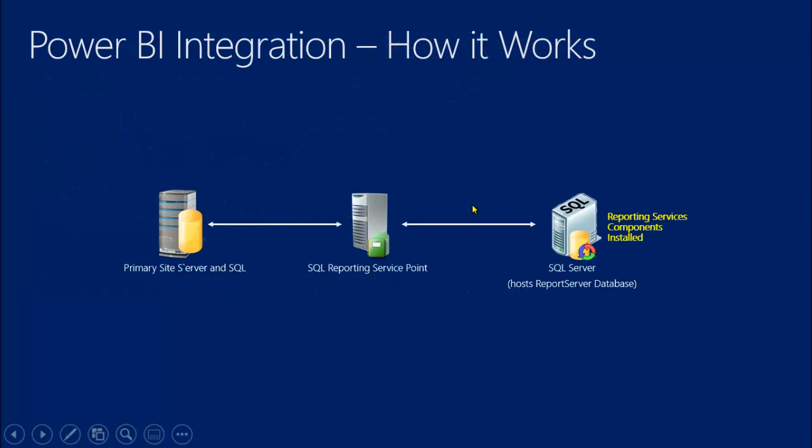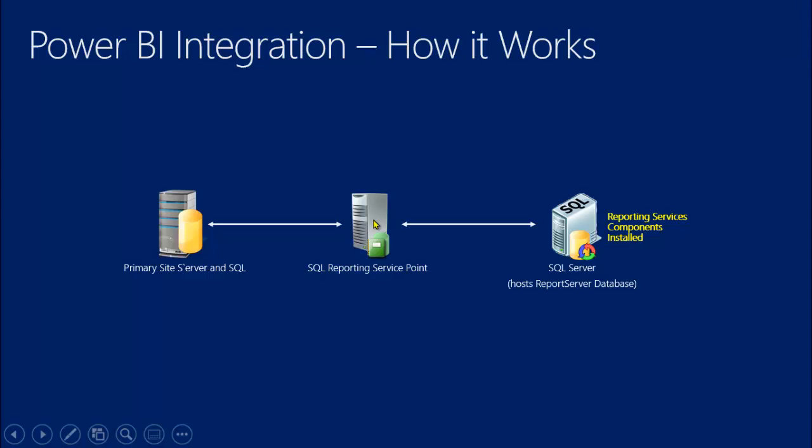So how does this thing actually work? What I've got here is a 10,000 foot view, a series of graphics trying to describe to you the process of installing this and getting it integrated. The way I have this set up graphically right now is just for illustration purposes, right? So I have my primary site server over here, which also has SQL.